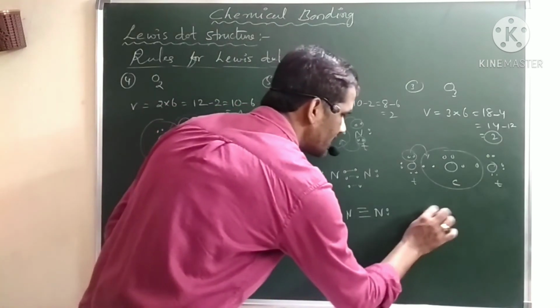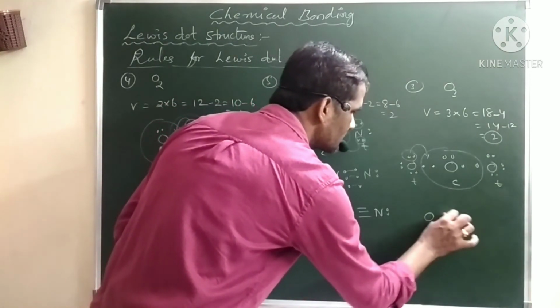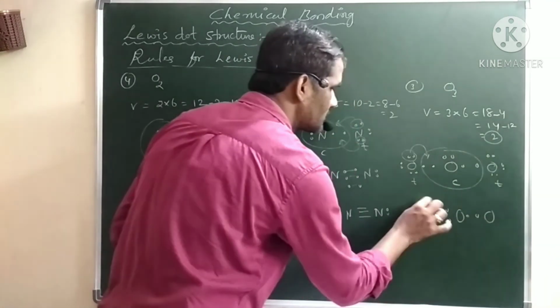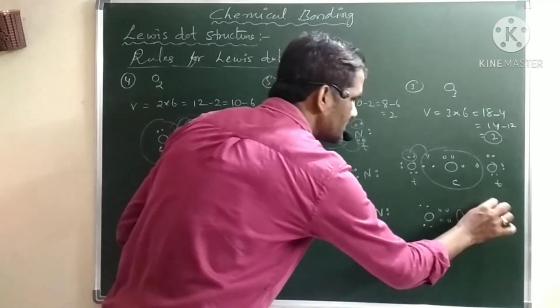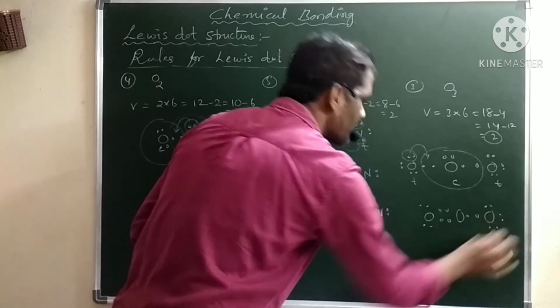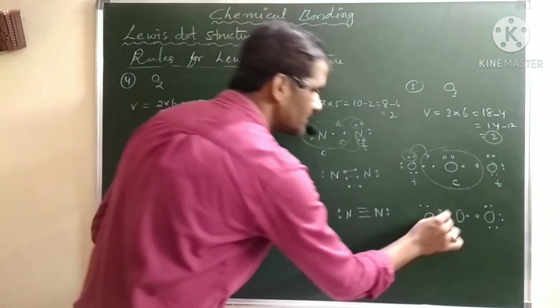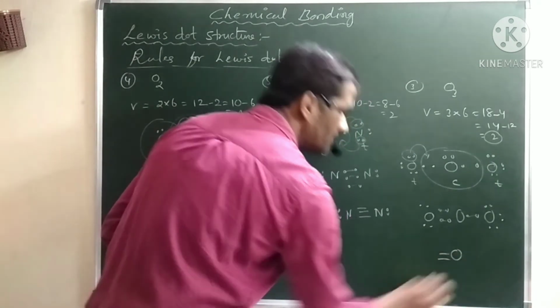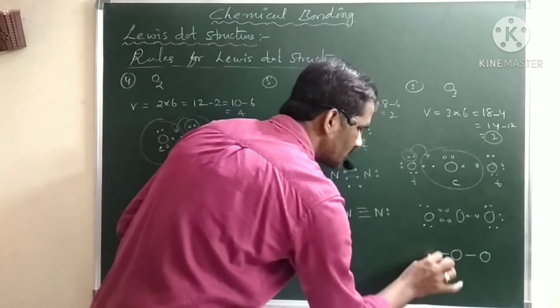Then overall what we'll get? Oxygen, and here 1 pair oxygen, and 2 more pairs remain here. Now this is a double bond and here a single bond, so overall it will give a double bond and a single bond.